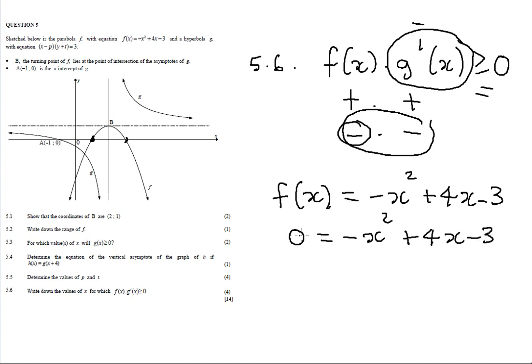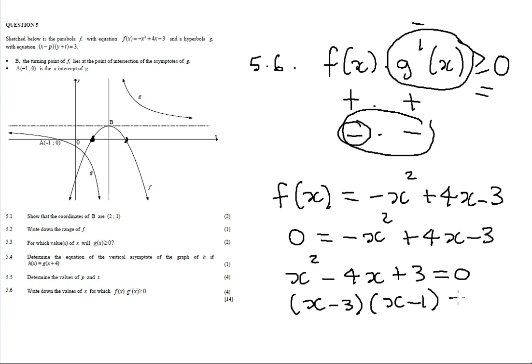If I multiply both sides by negative 1, or change the sign, we're going to get x squared minus 4x plus 3 is equal to 0. And if I factorize this into its two factors, it's going to be x minus 3 and x minus 1 is equal to 0. So your critical values are x is equal to 3 or x is equal to 1.